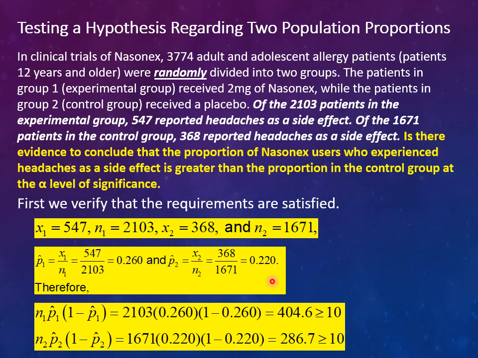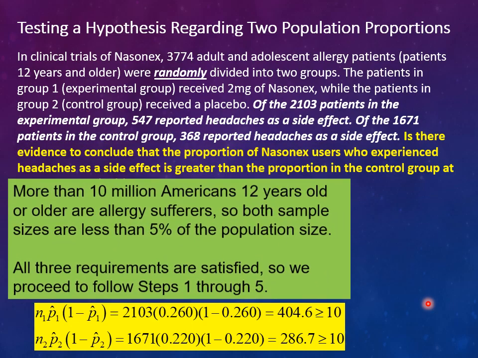So now we have to make sure that the sample sizes are appropriate. n1 p hat 1 times 1 minus p hat 1 is equal to 404, which is greater than or equal to 10. n2 p hat 2 times 1 minus p hat 2 is equal to 286.7, which is greater than or equal to 10. So it's also sufficient.